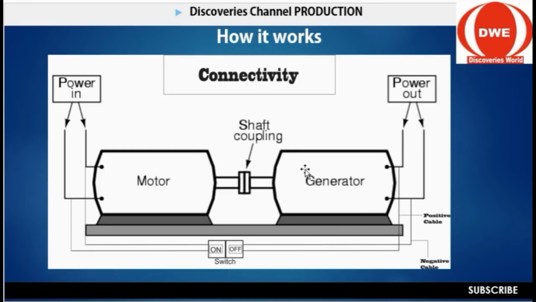Because the only thing that makes this generator work is the fact that it is running at a very high frequency. Now, the generator is combined with the electric motor using the shaft, the rotating part that we call the flywheel. You can call it a flywheel, or you can call it a shaft coupling. This is the link.